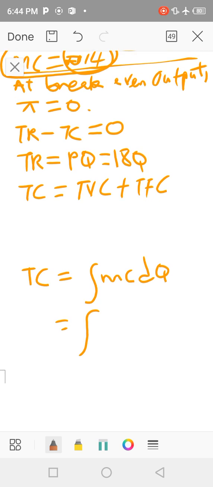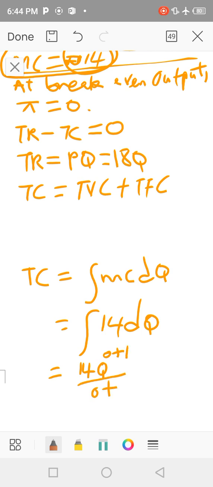That is the integral of 14 dq, and that is going to be equal to 14q. It doesn't have q before, so you put q raised to power 0 plus 1 all over 0 plus 1, plus c. And what is our c?